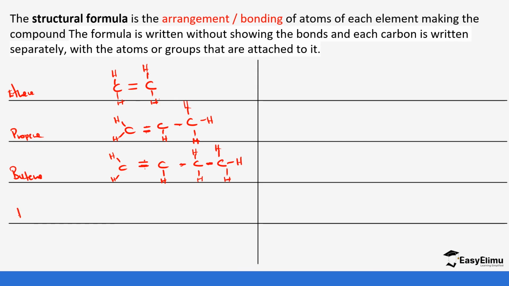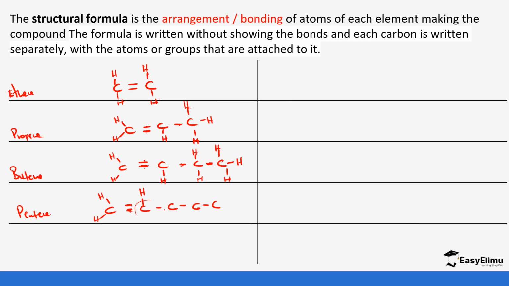So we go to pentene. These are 5 carbons, so we draw the 5 carbons. So those are the 5 carbons. We put a double bond here. So this carbon has already 2 bonds bonded to it, so it requires 2 more. And then this inner one already has 3 bonds bonded to it, so it requires 1 more.